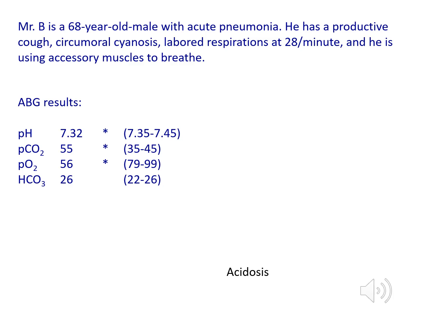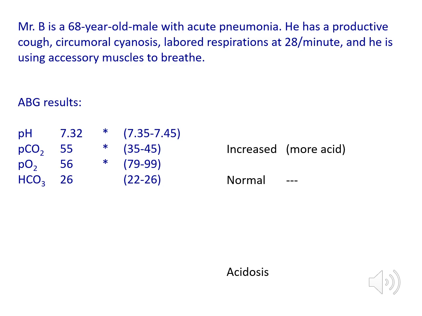Okay, step 1, look at the pH. Does the patient have acidosis or alkalosis? Well, the pH is below normal, so we're in acidosis, right? Step 2, look at the PCO2 and the bicarb. Are they high, low, or normal? Okay, so the PCO2 is 55, which is on the high side, right?